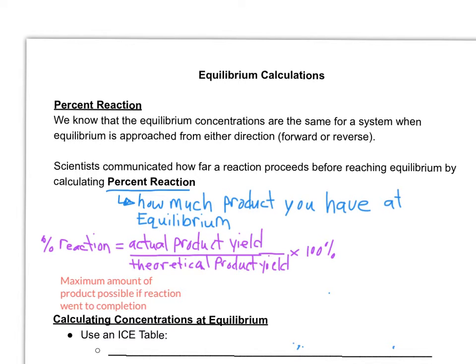Our theoretical product yield is the max amount of product that we can get if the reaction went 100% to completion.